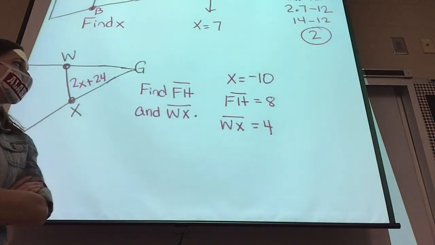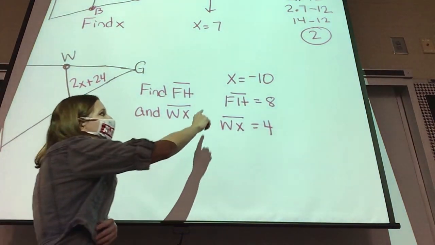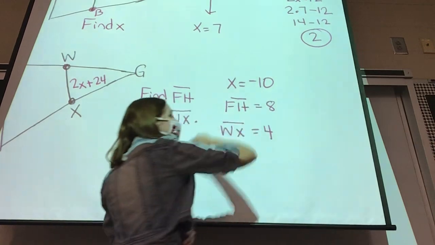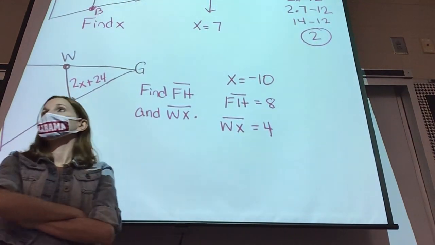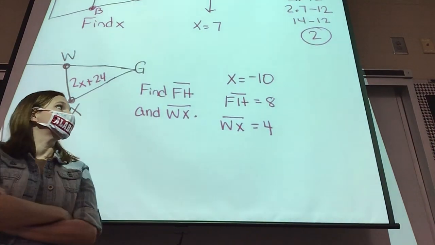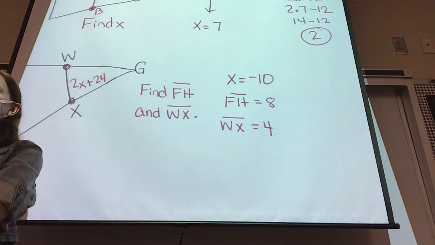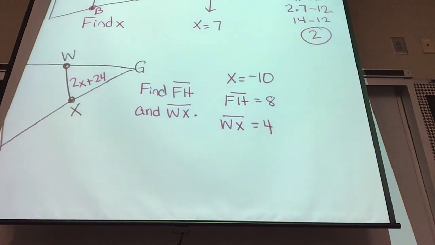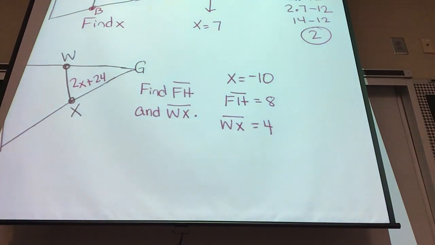Now a couple of you had some mistakes, but most of it revolved around this right here. If you messed up x, then of course these two were going to be wrong. So are there any questions from anybody who missed anything on these three? You've got to be very careful on x.